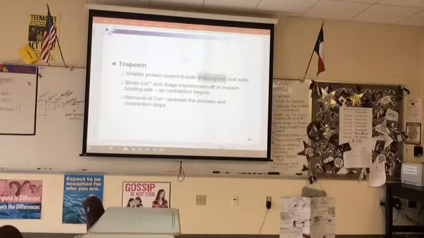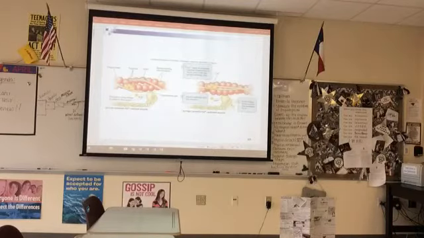So these again are the steps that I detailed at the beginning. When we take calcium away, it undoes that. So here is the picture showing calcium being added: no calcium on the left, calcium on the right.